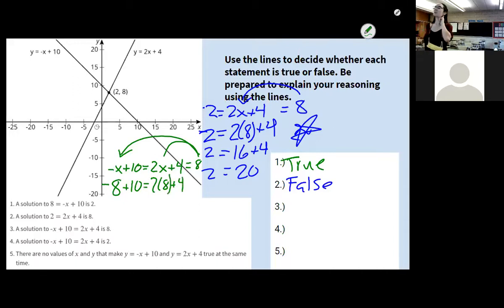Negative 8 plus 10 equals, nice job, 2. 2 is equal to, what's 2 times 8? 2 times 8 is 16. Nice job. Plus 4 is 20, so 2 is equal to 20. Is that a true statement, or is that false?